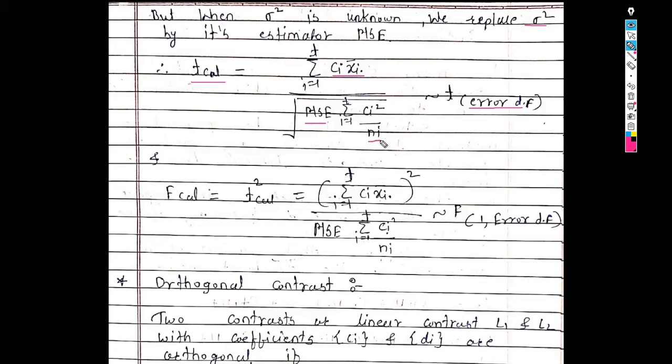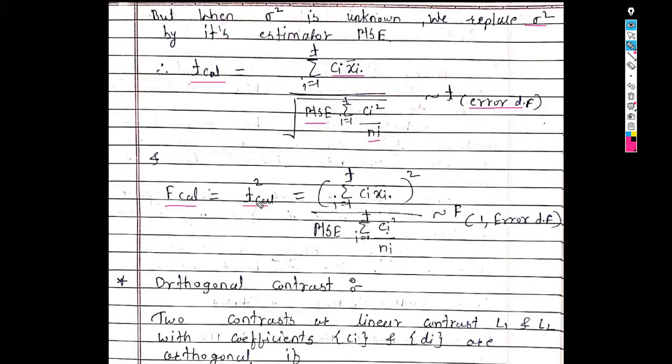If our sample size is equal for each treatment, then this can be written as summation ci square upon n. And here we can use the F test statistic also. How do we use this? F calculated is nothing but the square of t calculated. We know the relation between the F distribution and the t distribution, so we use that relation here.